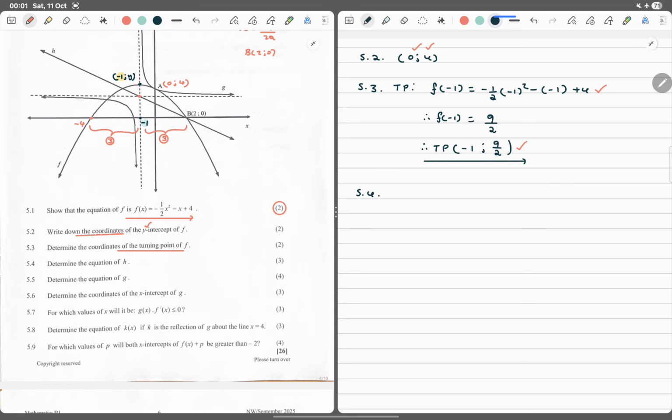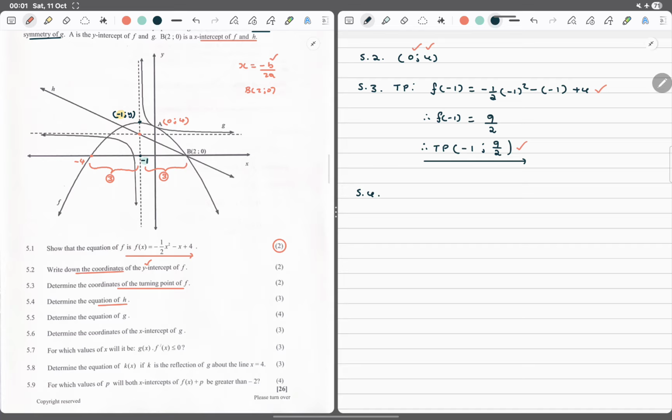5.4 says determine the equation of h, the straight line, which is the axis of symmetry. That's not a problem. So we know that h of x is basically minus x plus c. The gradient is always minus 1 for that negative gradient type. The positive gradient one is also going to have a plus 1. So we can use point B here, (2, 0). So 0 is minus 2 plus c.